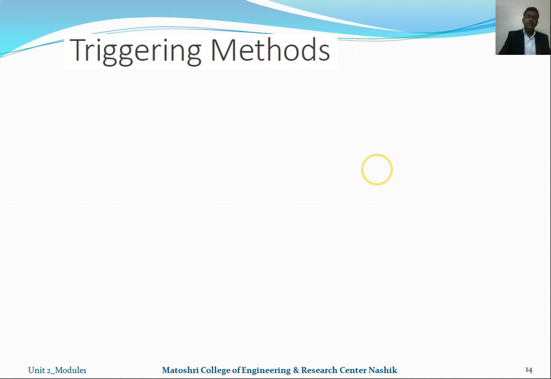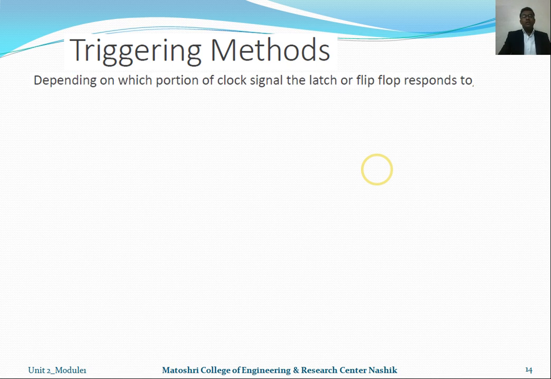Now let's move to the triggering methods. There are two types of triggering methods available, depending on which portion of the clock signal the latch or flip-flop is responding to, that is, activated or triggered. According to which portion of the clock signal the flip-flop is activated, it can be classified as level triggering or edge triggering, because a single pulse has levels as well as edges.